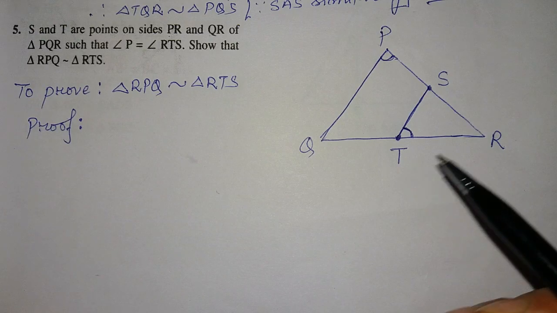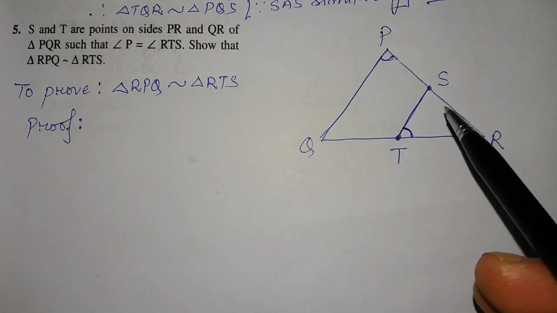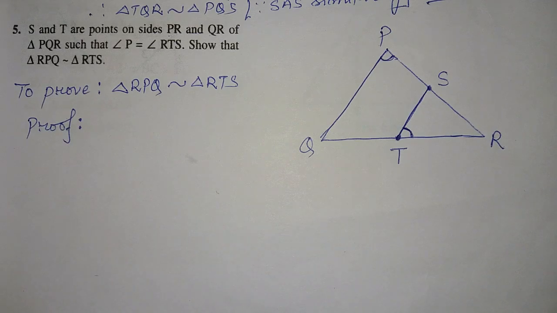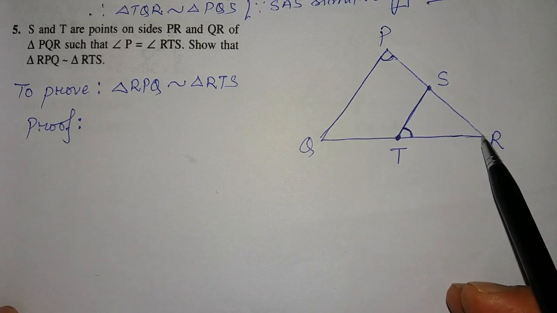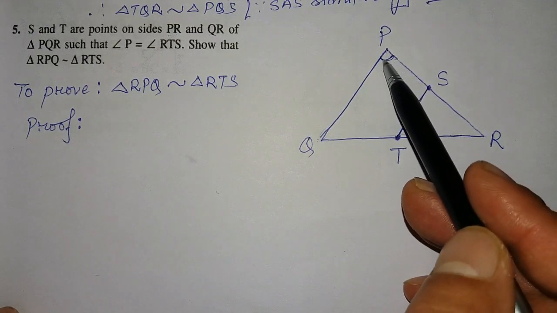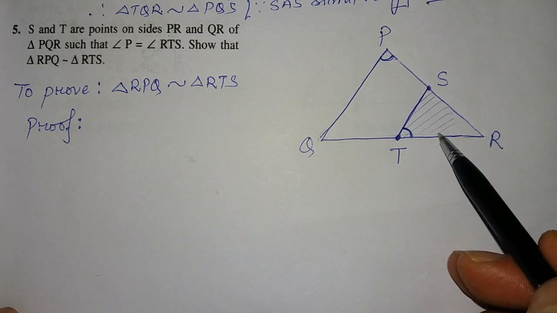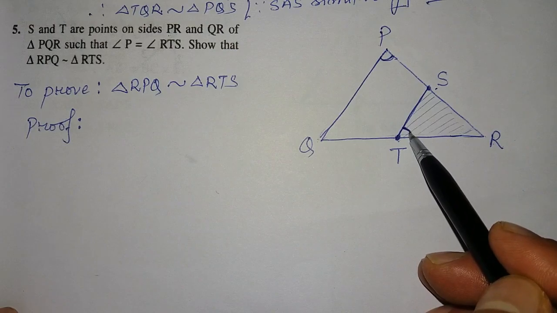Now this is a very simple question. We can very easily prove that these two triangles are similar using AA similarity. Now I'm going to show you how we can get AA similarity here. In the big triangle RPQ, we're going to take this angle, and in the small triangle RTS, we're going to take this angle.